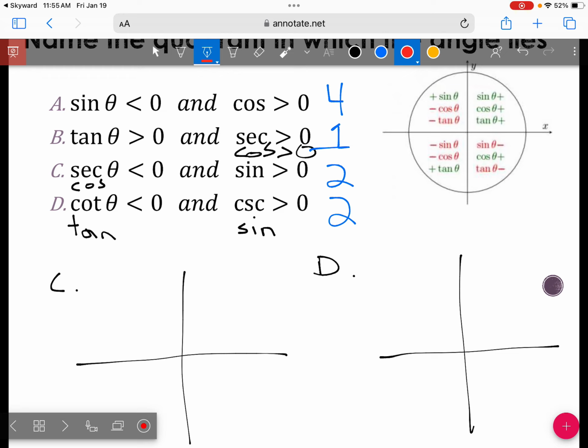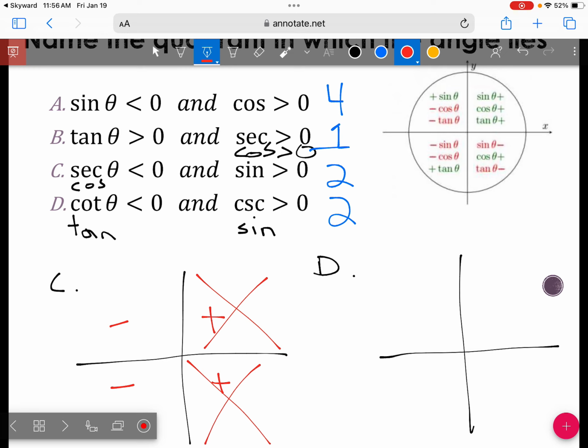And cosine, I know, is only positive on the right side of our coordinate plane. So I can write it out: cosine's positive here and here, and negative here and here. And remember, I need cosine to be negative, right? So then I can just cross out these two, and it leaves quadrant 2 and quadrant 3.